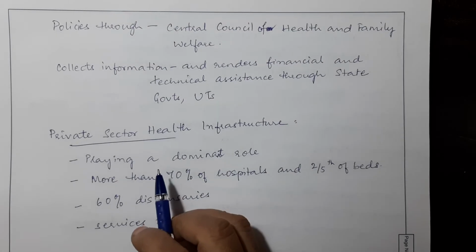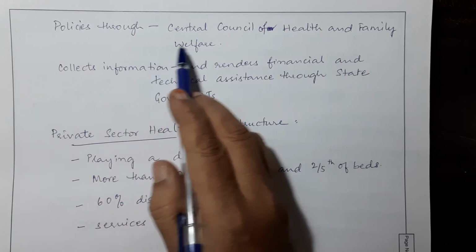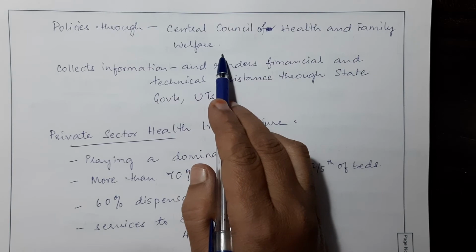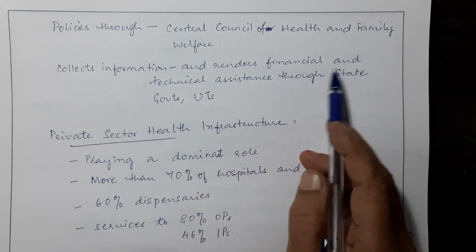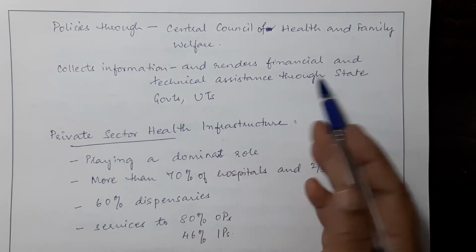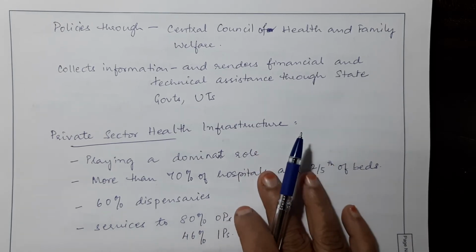The central government evolves policies through Central Council of Health and Family Welfare. It collects information and renders financial and technical assistance through state governments, union territories, and other bodies for the implementation of the health programs in the country.